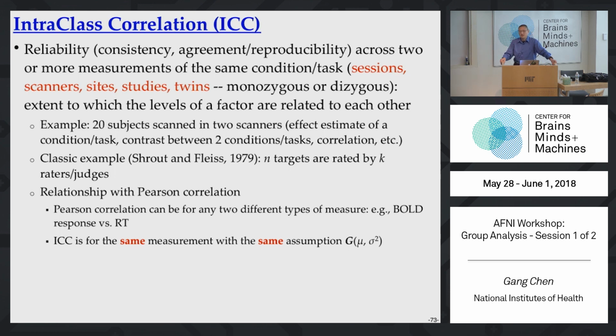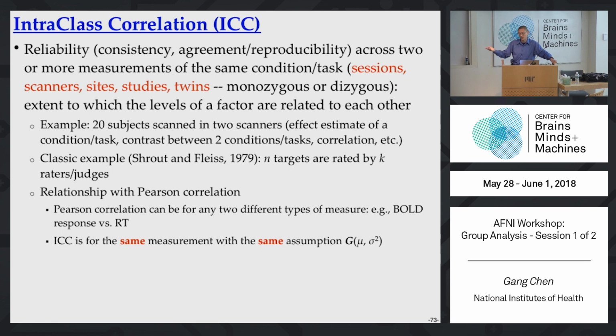That's different from the general concept of correlation, the Pearson correlation. In that case, the two variables, x and y, can be totally different. For example, the correlation between height and weight, which are two totally different physical measurements. Here, we're talking about exactly the same thing. In this case, it's basically brain response, percent signal change.